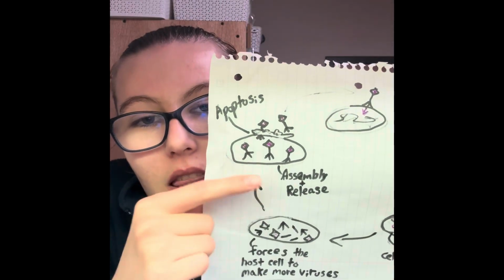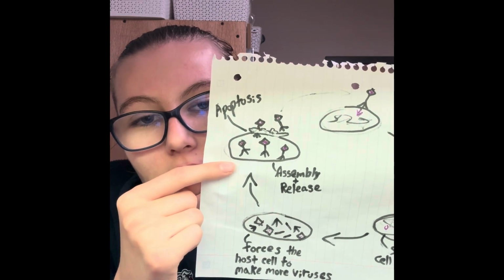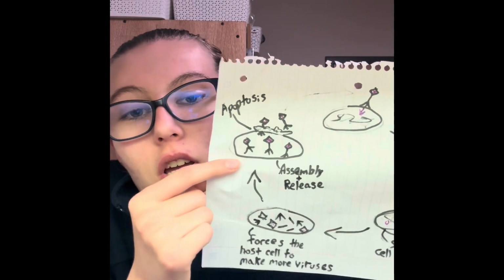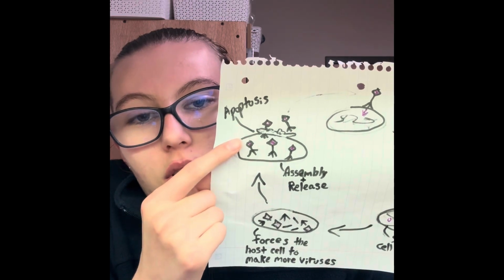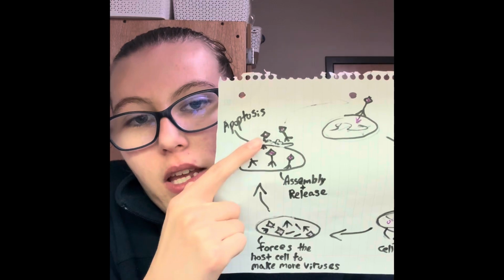Once all the parts are assembled to create a virus, it messes with cell signals to induce apoptosis, which makes it easier for the viruses to break out and then infect more cells, and the cycle starts anew.